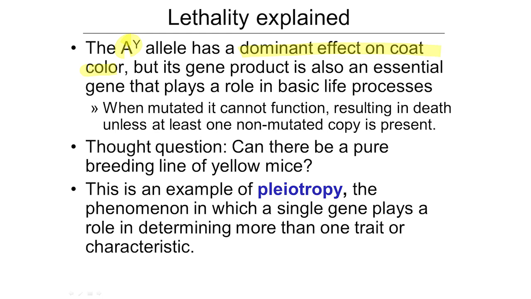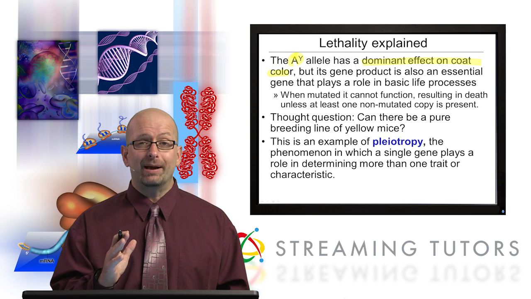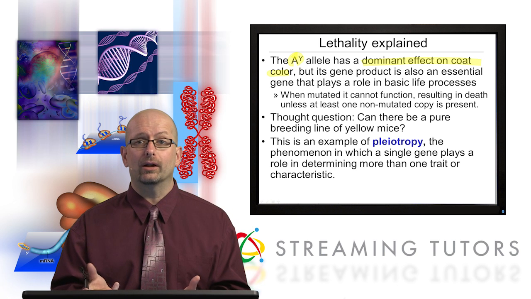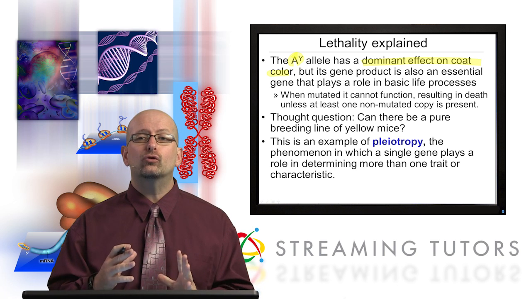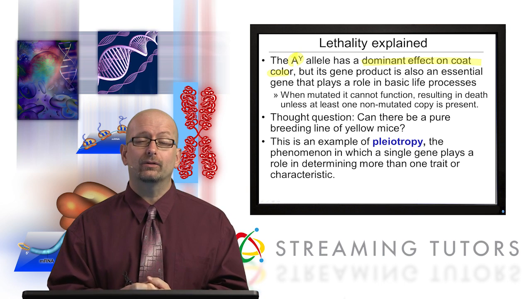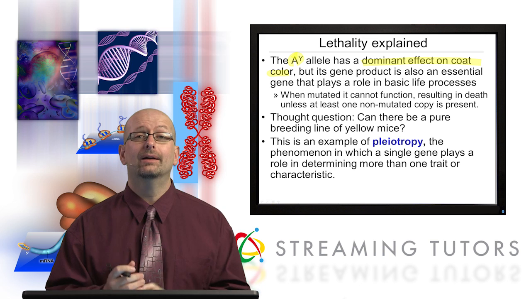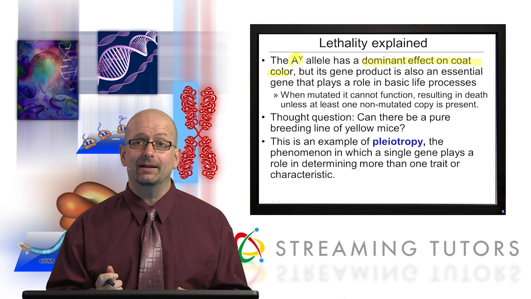It's not fully understood, but the best way I can tell you is that the gene product, in addition to having an effect on coat color, plays an essential role in basic developmental and metabolic processes. In other words, if you don't have a functioning gene of this nature, you can't live.